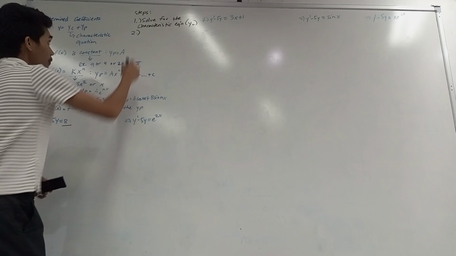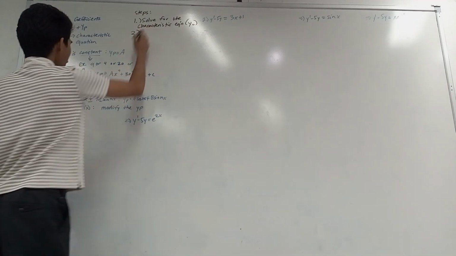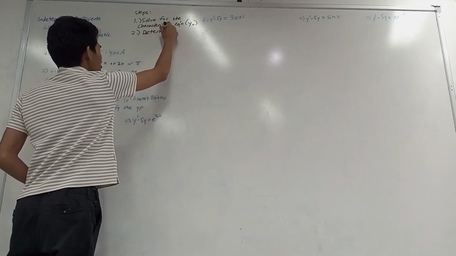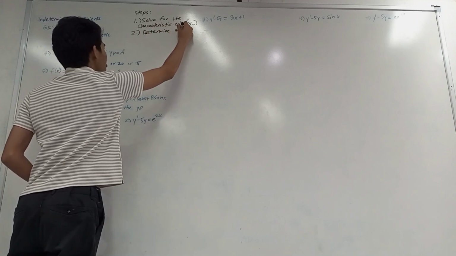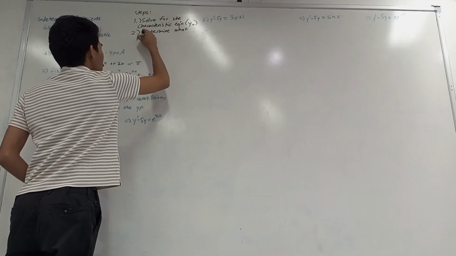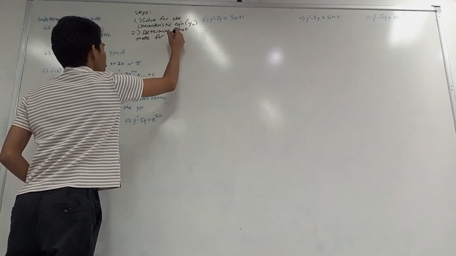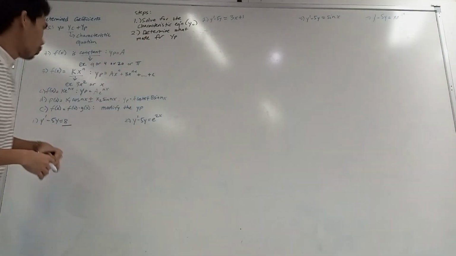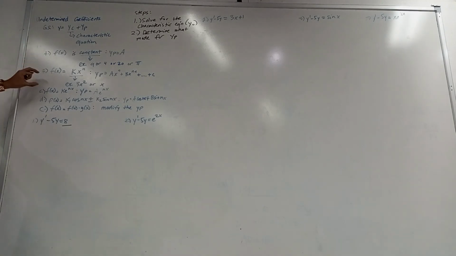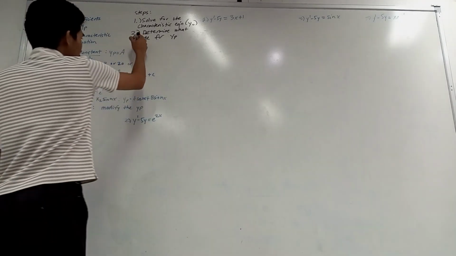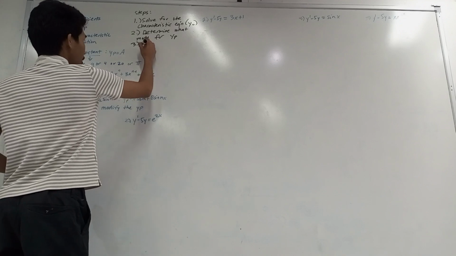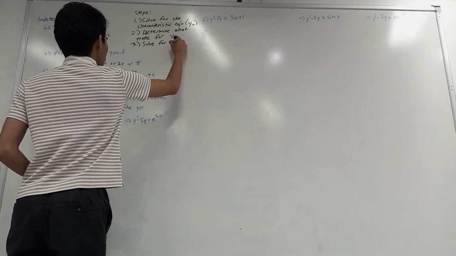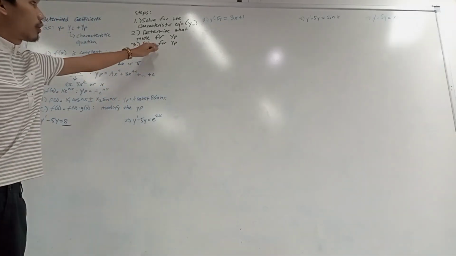Step 2, determine what mode for yp. So, kung ano ba siya, A ba, B ba, C, D, or E. And then step 3, so step 3 is solve for yp.